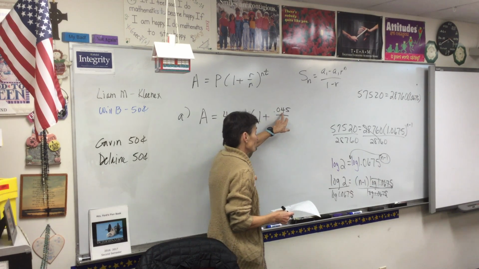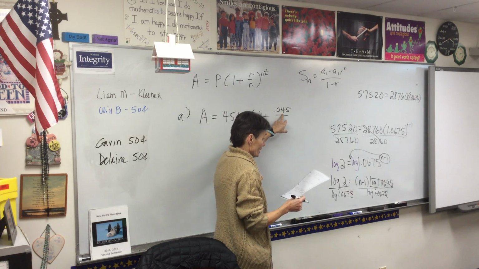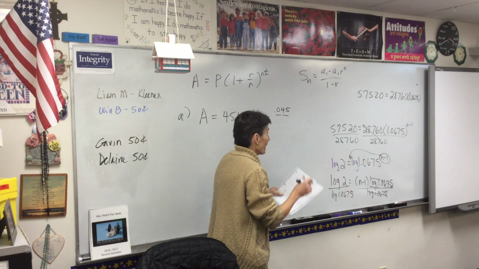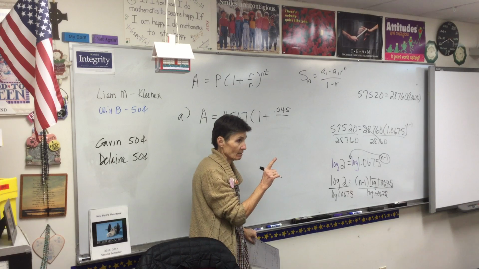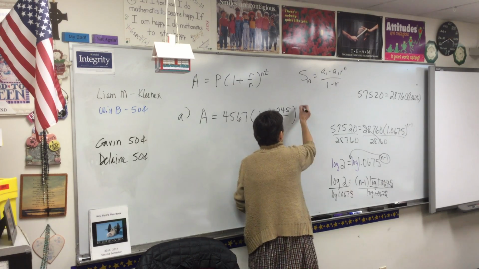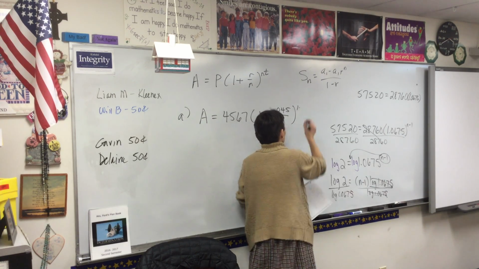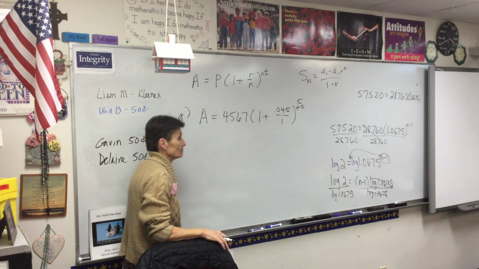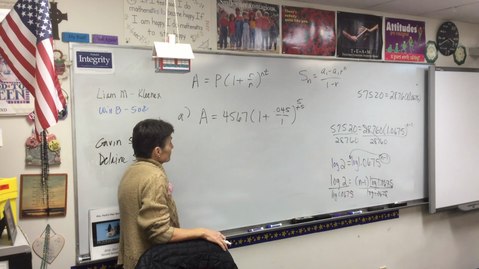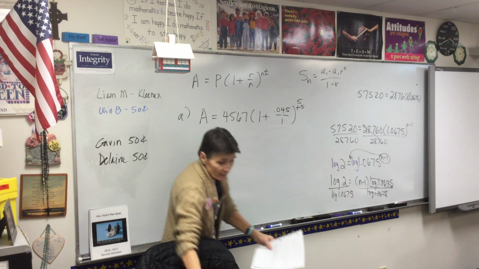So we just use the 0.045 divided by what? It's compounded annually. 1. And then we're waiting for 5 years. So my exponent's just 1 times 5. So we can type that in.